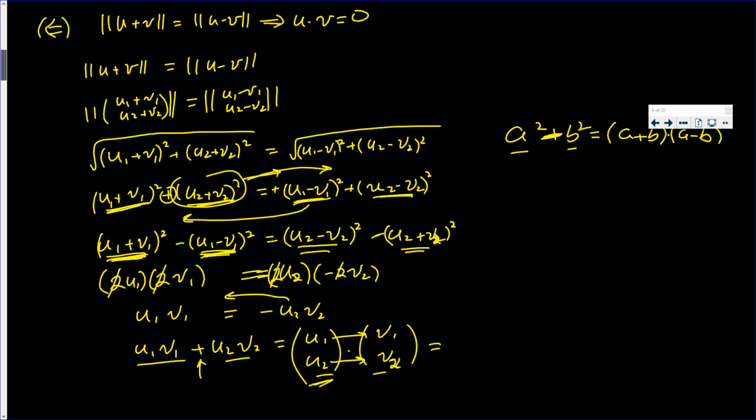But this is u dotted with v, u dot v. And one main thing I left out: when you bring this to the other side, the left side is now equal to 0. So yep, u dot v is certainly 0.